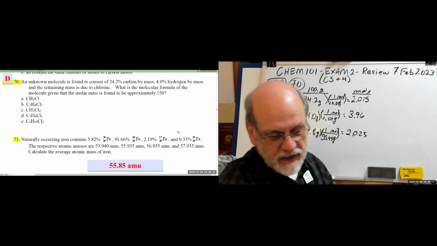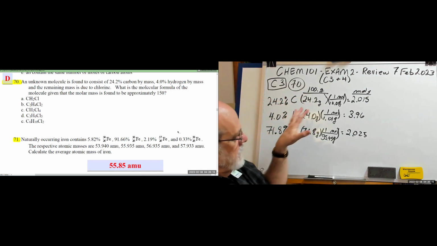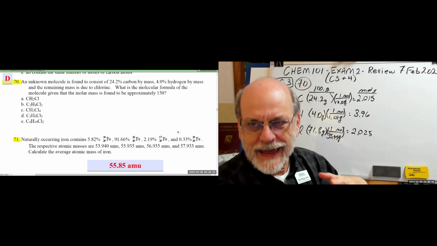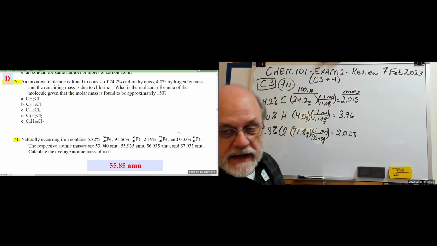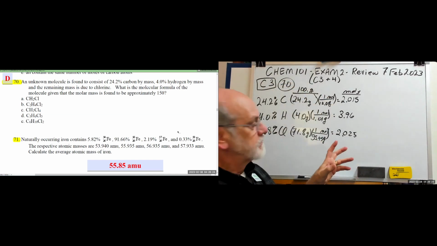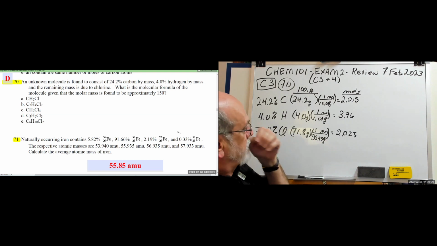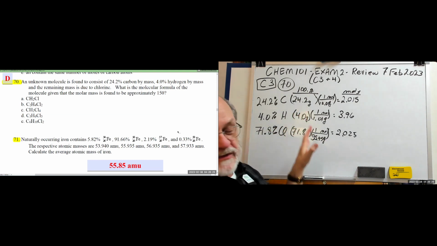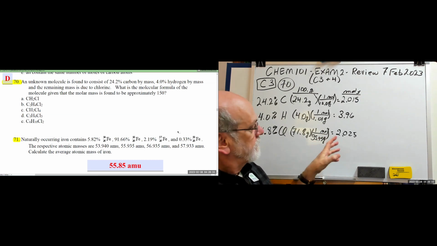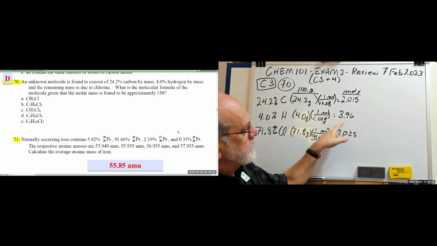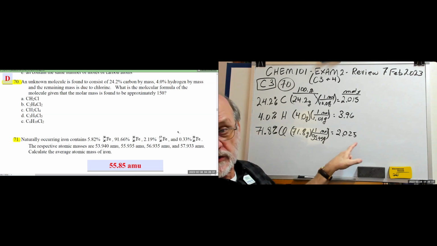So I think it should be fairly obvious now that what we're encountering here is experimental error. And under these circumstances, it's okay to approximate. So this is very close to 2, this is very close to 4, and this is very close to 2.